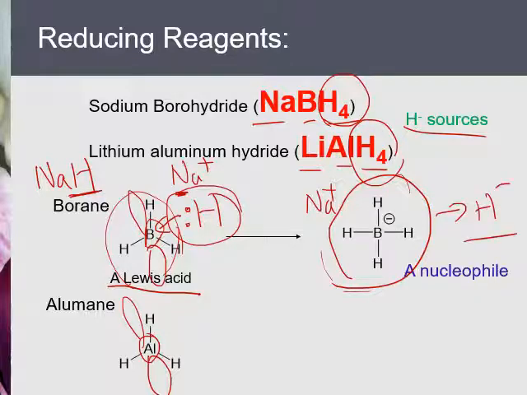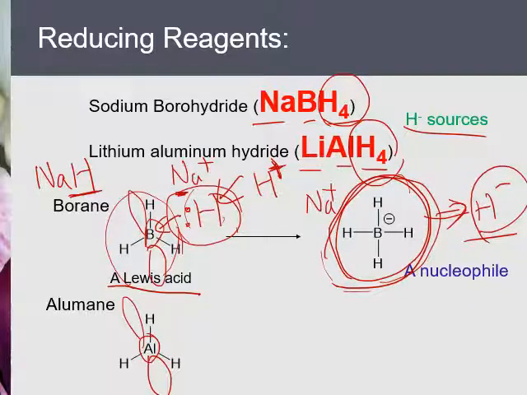Compared to hydride itself, which is small and likes to attack a proton, in sodium borohydride, even though it's equivalent to a hydride, the size is much bigger because it's combined with boron. Therefore this borohydride anion doesn't like a small proton.